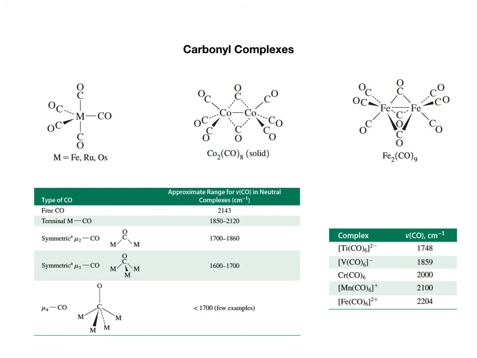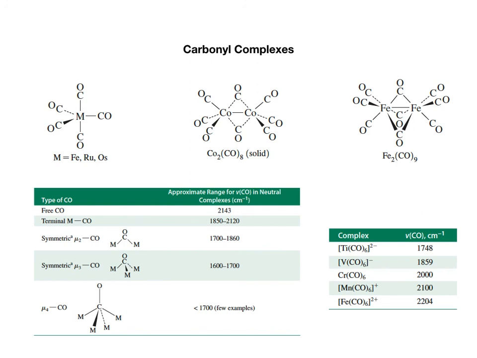Because the higher density on the metal will make it easier to push electrons to the pi star level of the carbonyl, and that will result in a larger decrease in the bond strength, and a weaker bond will have a smaller vibrational frequency. IR spectroscopy is a very powerful tool to analyze those carbonyl complexes.